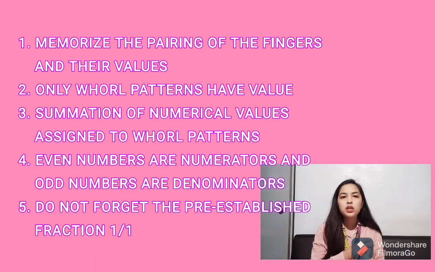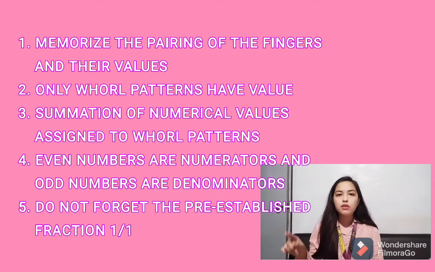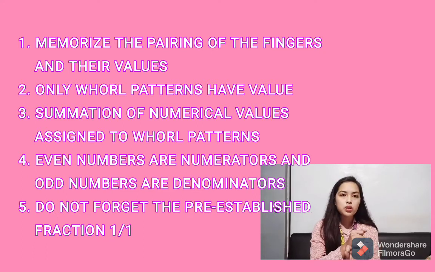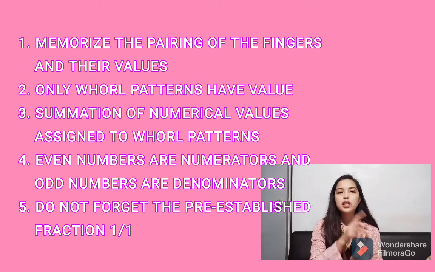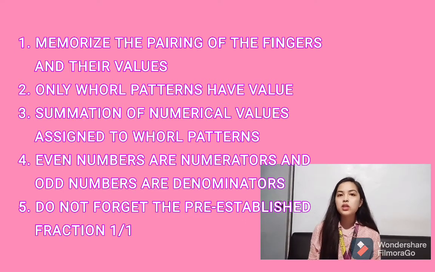The second one is only the whorl patterns have value. The third one is summation of the numerical values assigned to whorl patterns. The fourth is even numbers are numerators and odd numbers are denominators. And the last one is do not forget the pre-established fraction, which is 1/1.